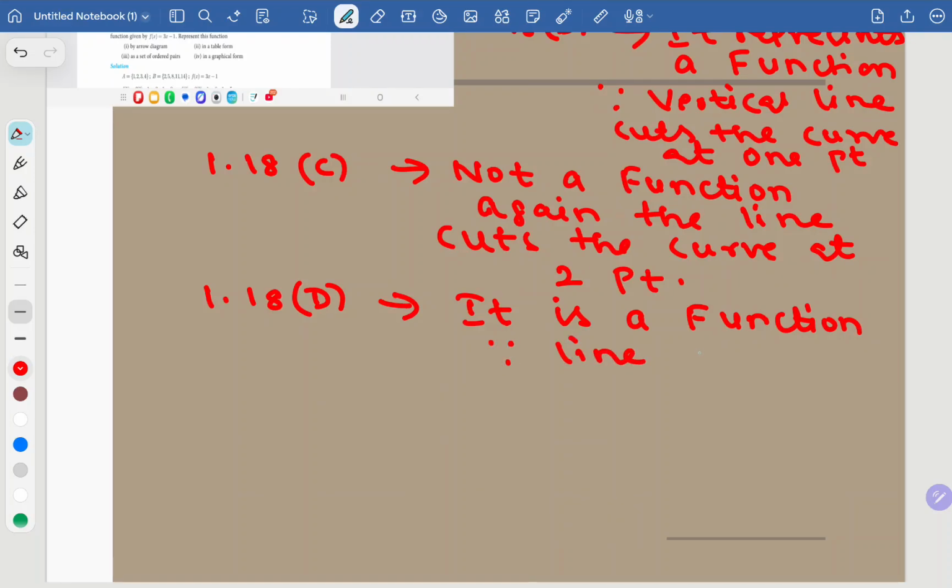Which line? The vertical line cuts the curve at one point.